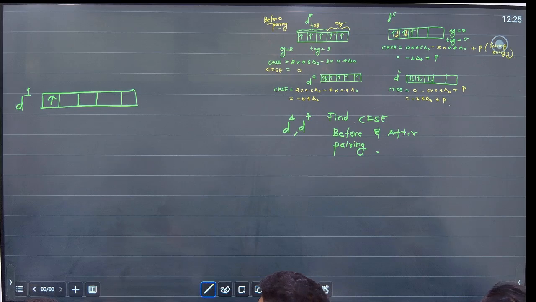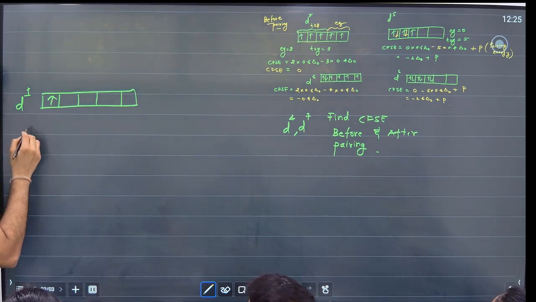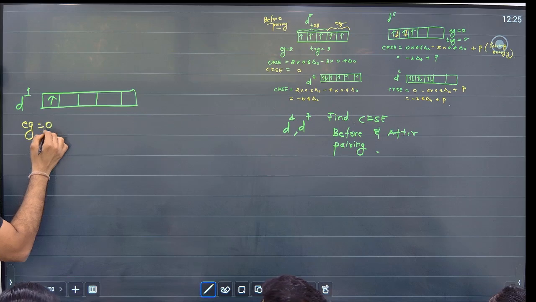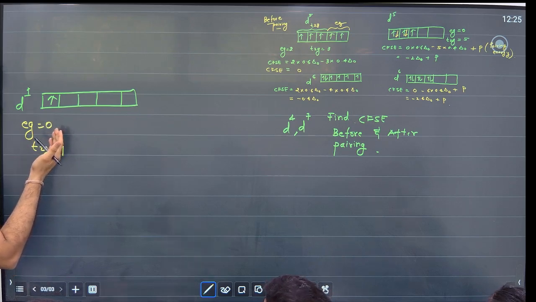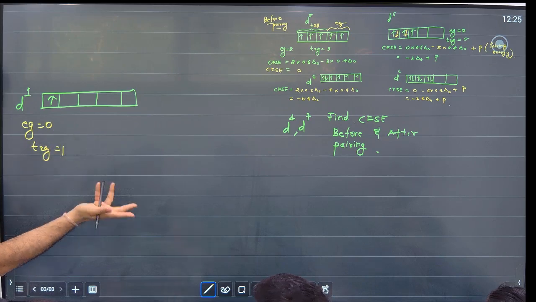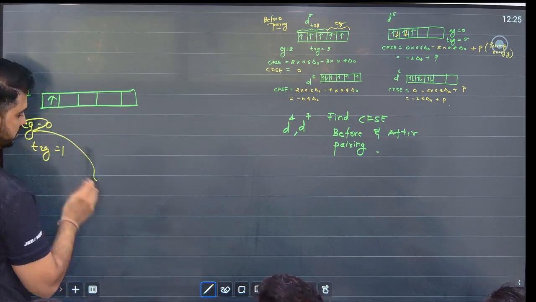So what will the value be before pairing? EG is 0, T2G is 1. इसको pair करने के लिए getting that बोलो रे.